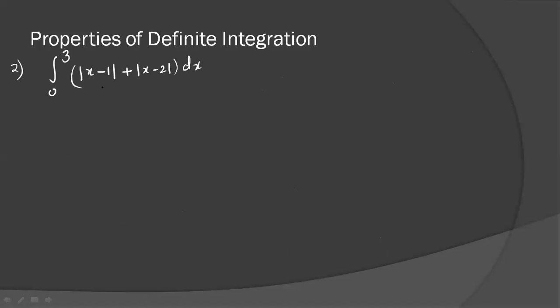Now, suppose f(x) is mod x minus 1 plus mod x minus 2. See my continuity and differentiability lecture 16. I have discussed the differentiability of the modulus function, and it is non-differentiable at x equal to 1 and 2. You can see my lecture 16 for more detail.